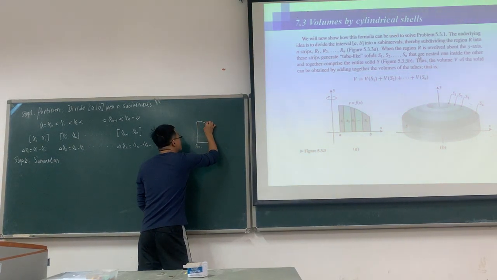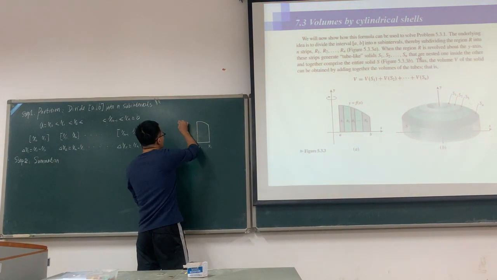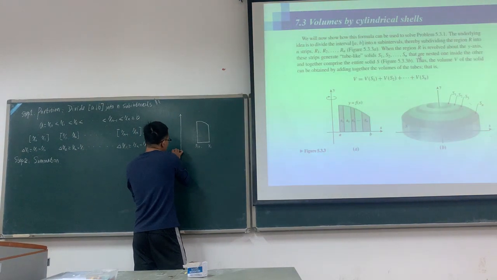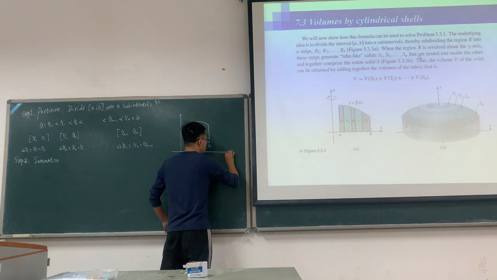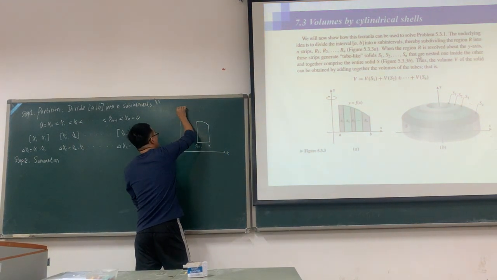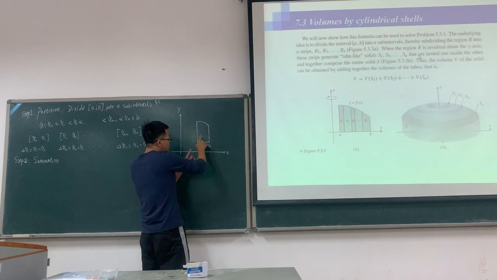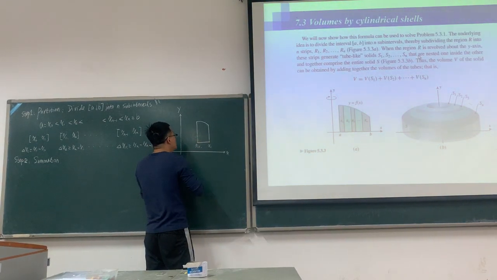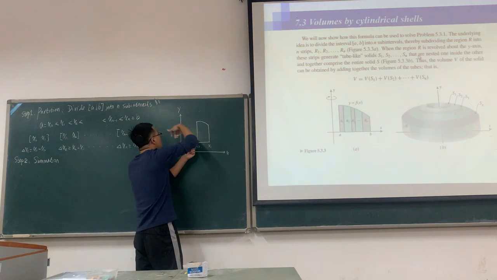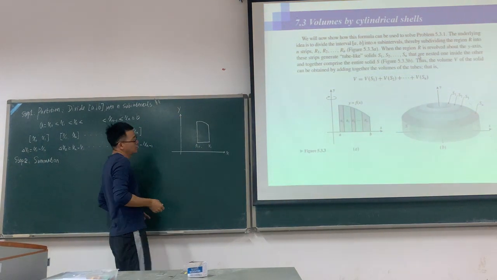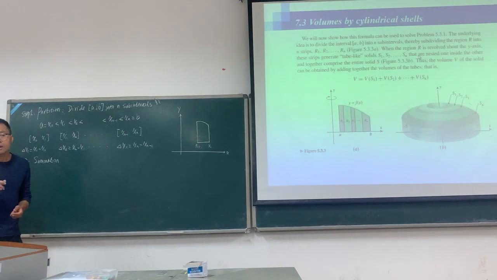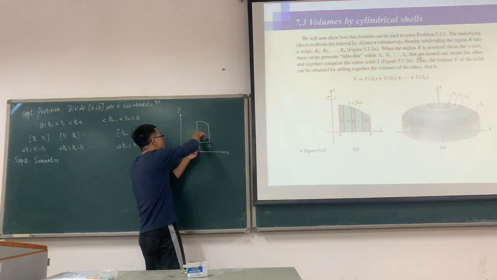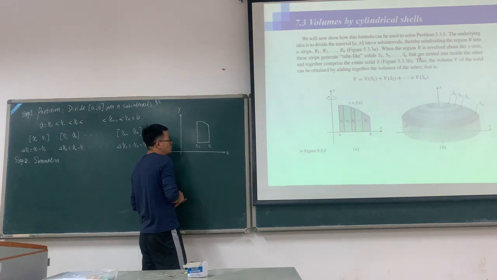This is the x-axis and this is the y-axis. Now we revolve the first strap about the y-axis, and we need to find the volume of the first tube-like solid.